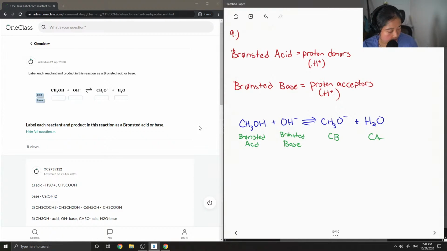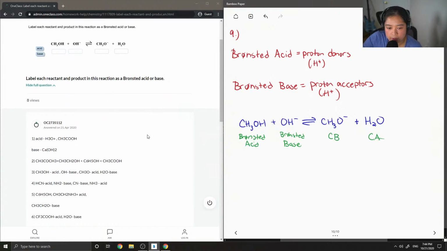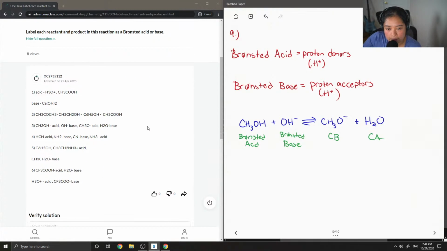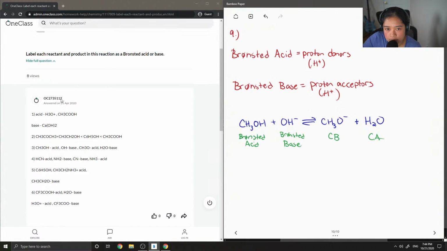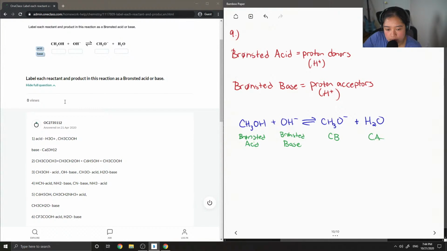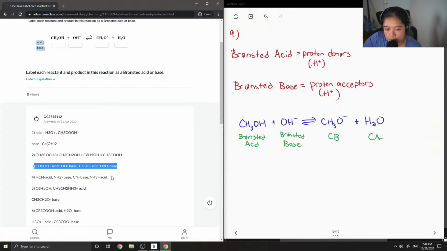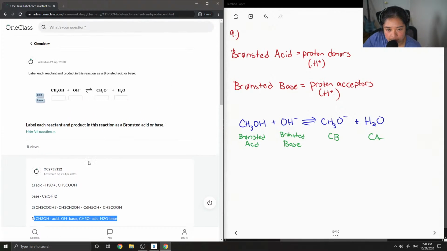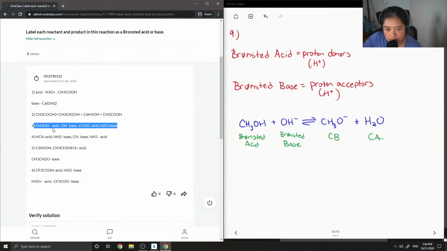Okay, so look at the answer from our junior tutor. Okay, so they kind of said it right here. I don't know where they got the other options from, since I only see the one.